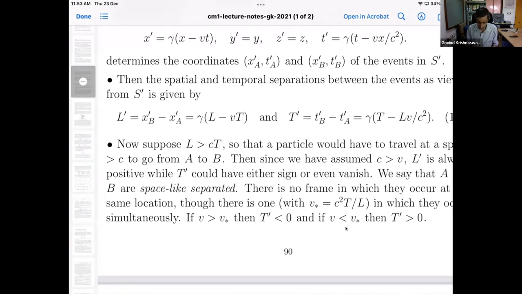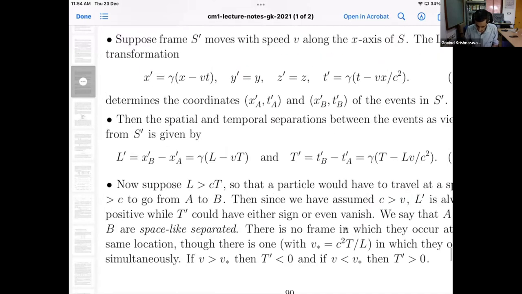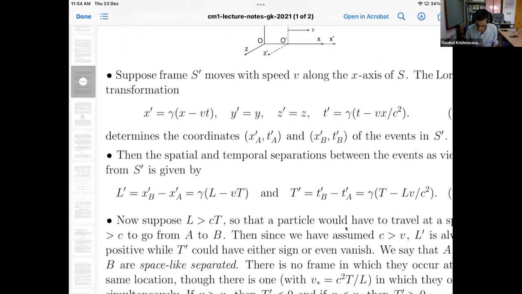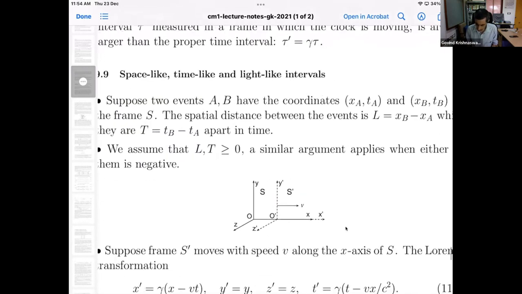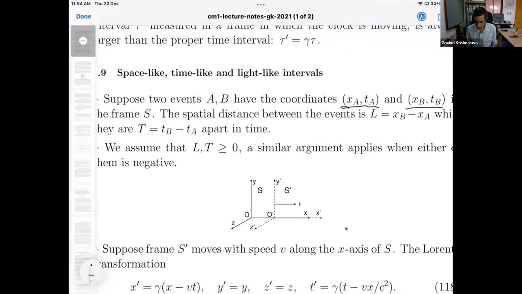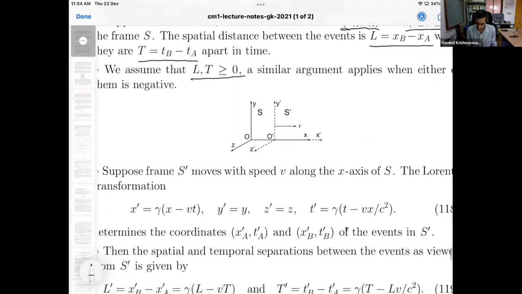We have 2 events, let's call them A and B, with coordinates x_A, t_A and x_B, t_B in a certain frame. They are a spatial distance L equal to x_B minus x_A apart, and temporally they are t_B minus t_A apart. Let us assume that both L and T are positive.